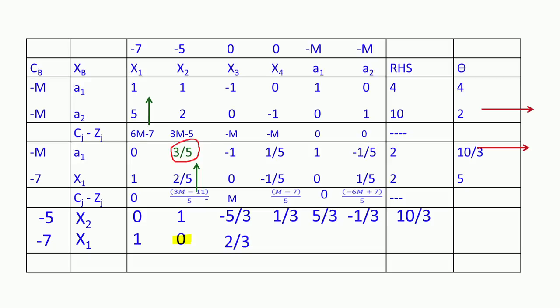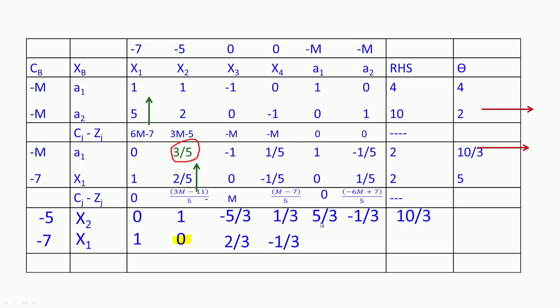So minus 1 by 5 is minus 3 by 15, minus 2 by 15 is minus 5 by 15, which will become minus 1 by 3. 0 minus 2 by 5 into 5 by 3 is minus 2 by 3, and 1 by 5 minus 2 by 5 into minus 1 by 3 is 1 by 5 plus 2 by 15, which will become plus 1 by 3. 2 minus 2 by 5 into 10 by 3 is 2 minus 4 by 3. So 2 minus 4 by 3 is 2 by 3, which is shown here.